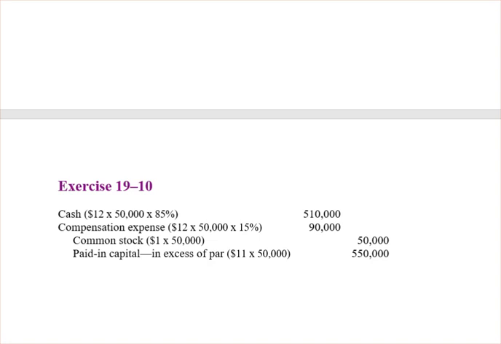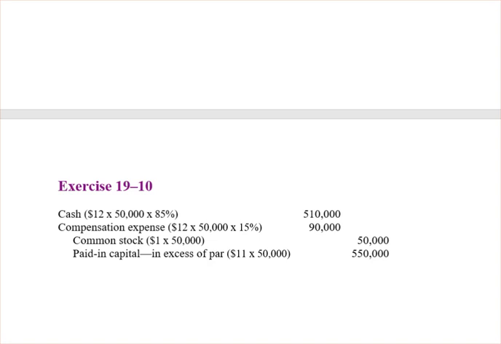Now, say you gave your employees a 1% discount on their purchase. How much cash would you get in? You would get the 600,000, which is the market price, minus 1%, which is 6,000, so cash coming in of $594,000.